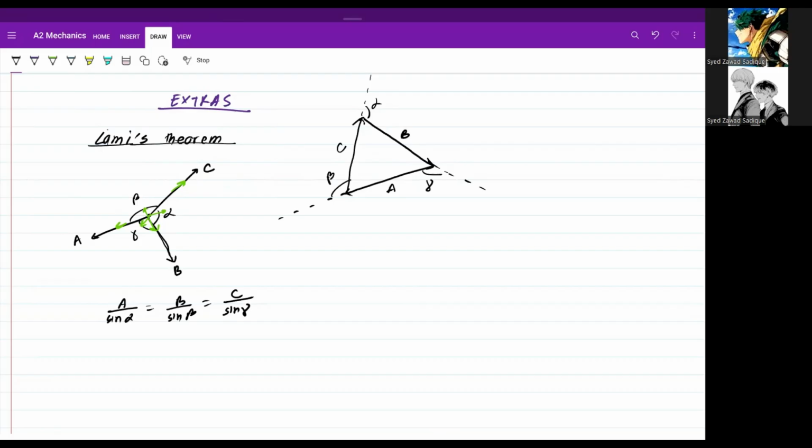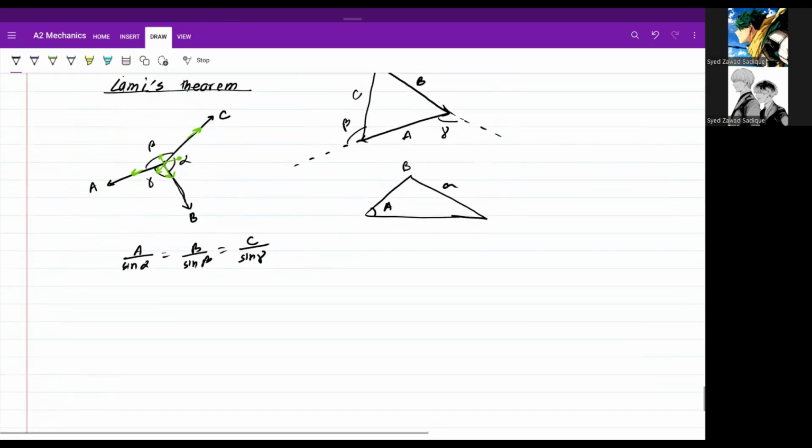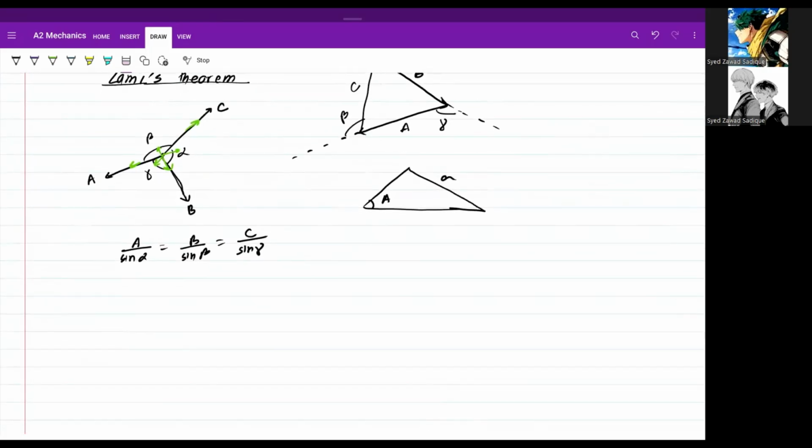There's one more thing you should know that a lot of people forget, which is the cosine rule. I know most people didn't forget, but I'd still like to mention it because it is in our syllabus. Actually, never mind, I want to draw it a different way.